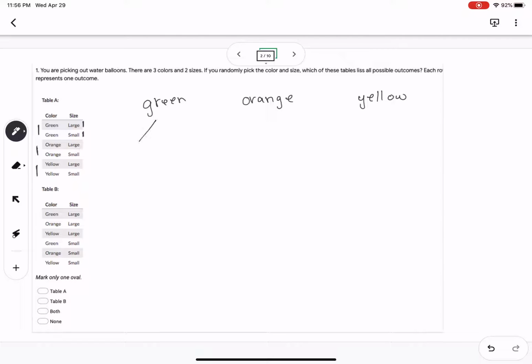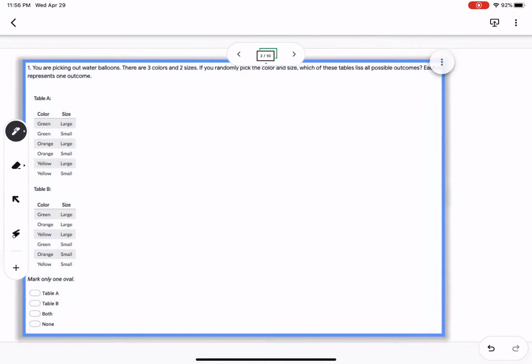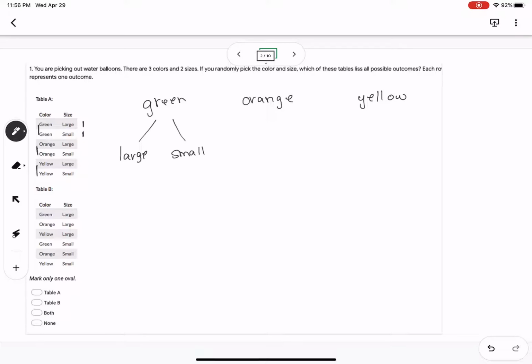Okay, so we could have a green large or a green small. We could have an orange large or an orange small. A yellow large or a yellow small.